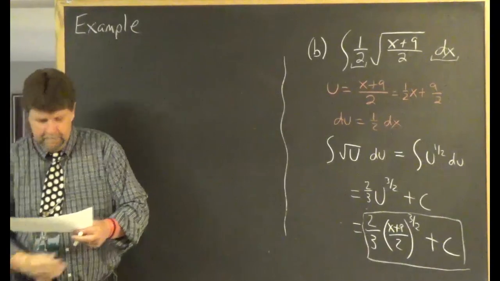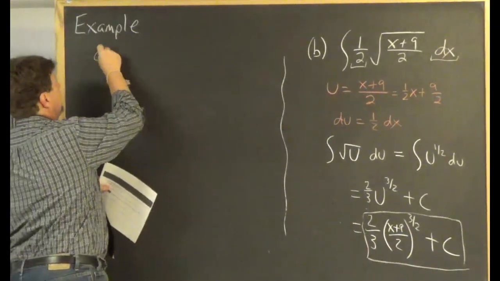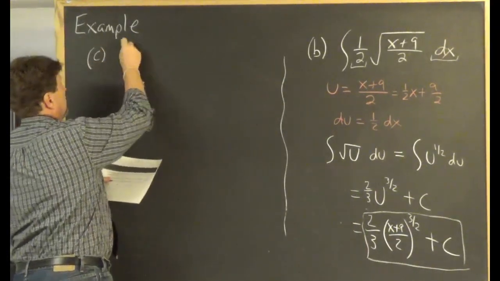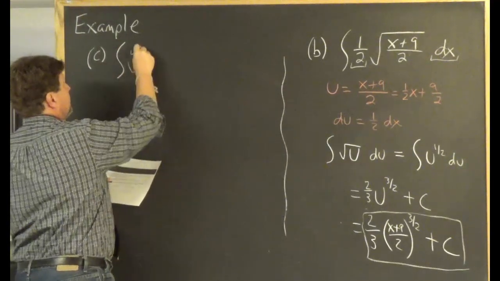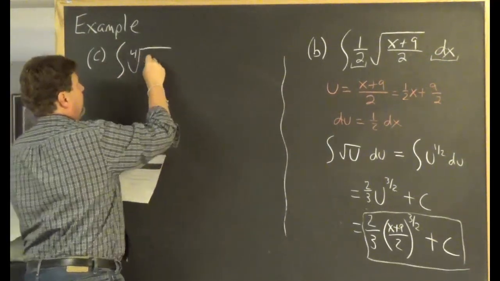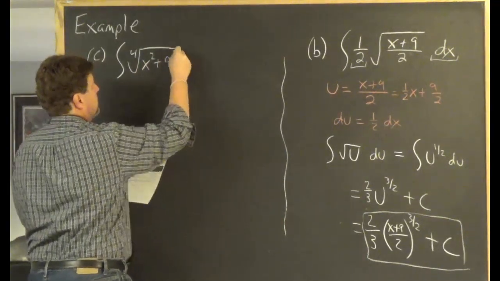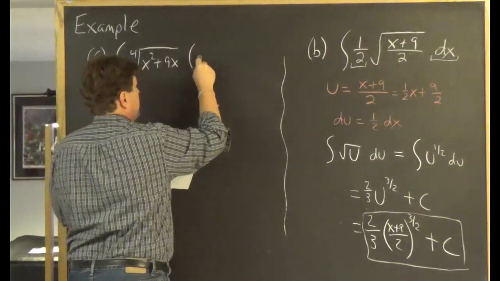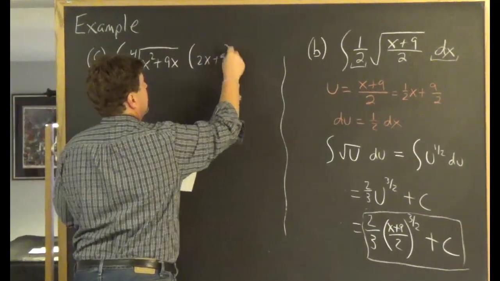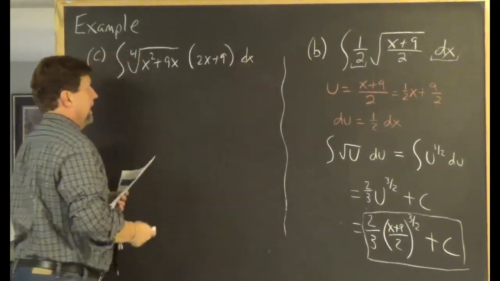Part C was integrating the fourth root of x squared plus 9x, times 2x plus 9, dx.